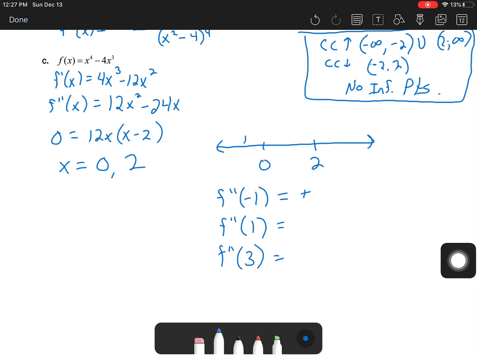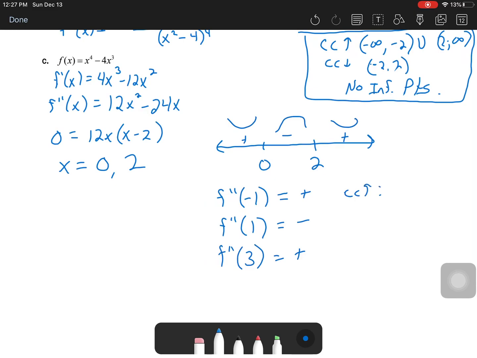So this is concave up in this interval. If I put a +1 in there, positive 12 times -1 is negative, which is concave down in that interval. And putting in a 3, positive times positive is positive, concave up. All right, so I've got my intervals of concavity.